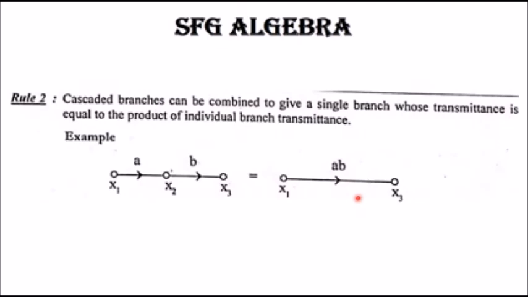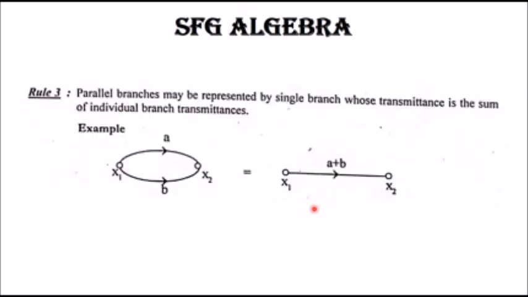Similarly, we have other nodes like x1, x2, x3, and the transmittances will be a and b. So if you want to remove this x2, then you just multiply a and b. It will be clear that whenever the transmittances are in a forward path, they are multiplied. Then these are parallel paths starting from x1 going to x2, and a and b are the transmittances.